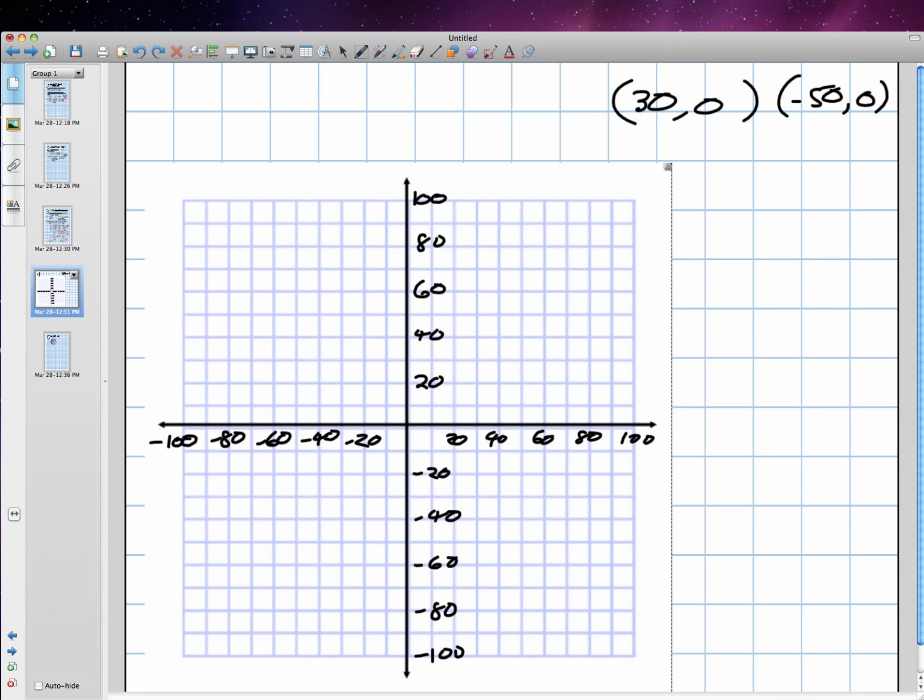That's what we found out as the years where our population would be 1,050,000. So I'm going to plot these 2 points. We have positive 30 and negative 50. So that means we have some parabola that goes down like this and up again.